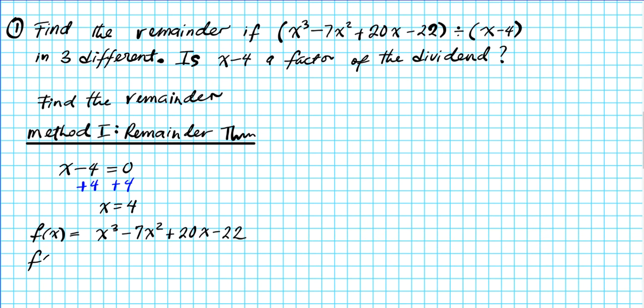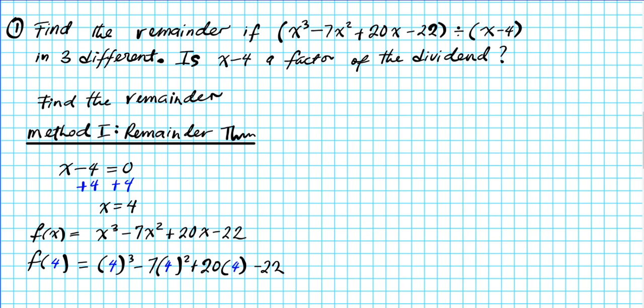So we're going to go f of, take out the x, replace with 4. F of 4 is equal to 4 raised to the third power minus 7 times 4 raised to the second power plus 20 times 4 minus 22.